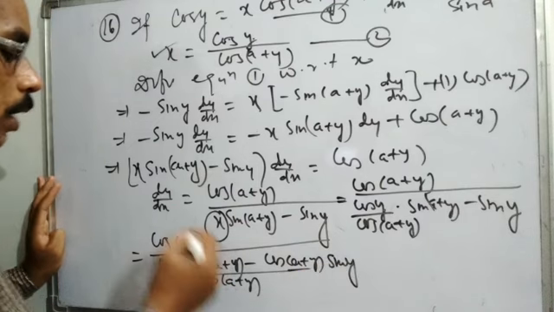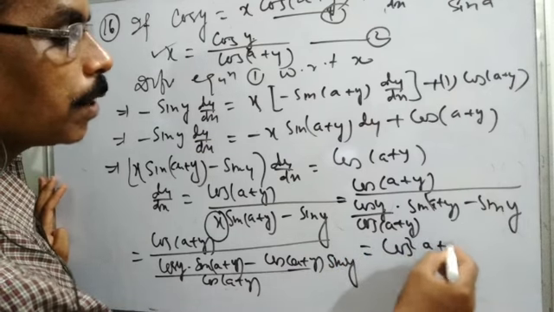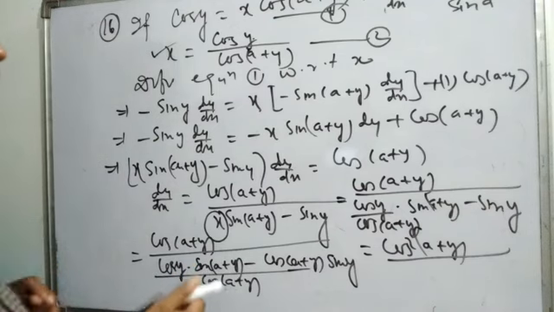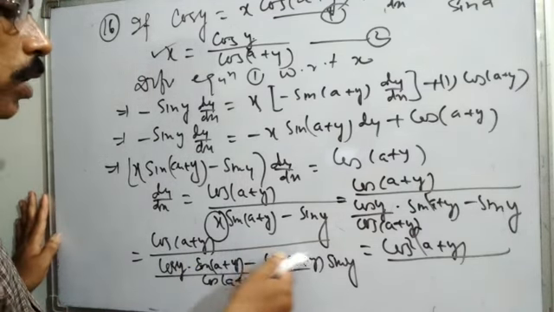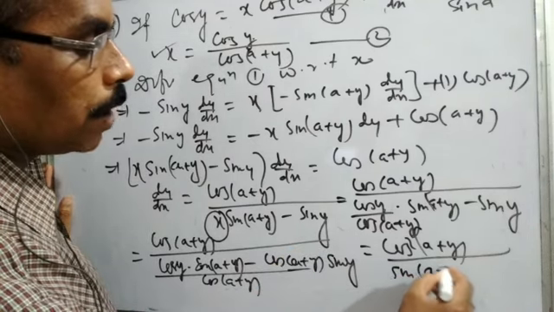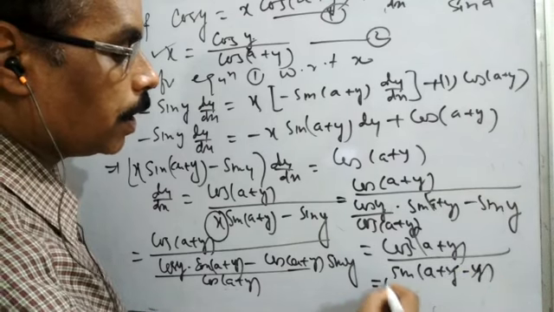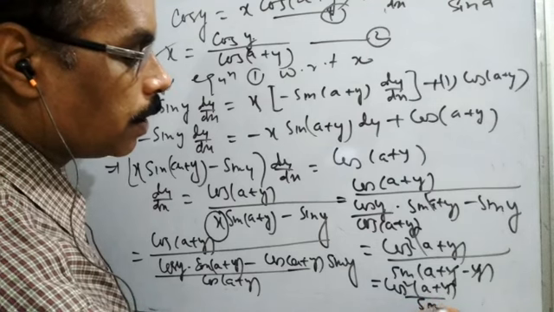So cos(a plus y) will come upper side, it will be cos square(a plus y). Again this is nothing but the sin a formula, that is sin(a plus y) cos y minus cos(a plus y) sin y. It will be sin(a plus y minus y), cancel, final result cos square(a plus y) by sin a.